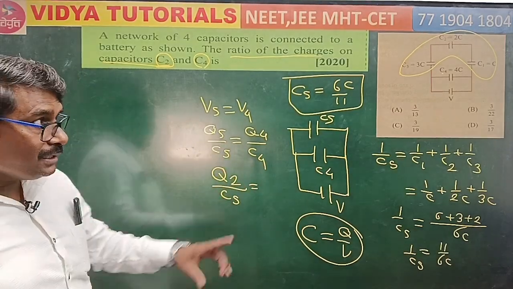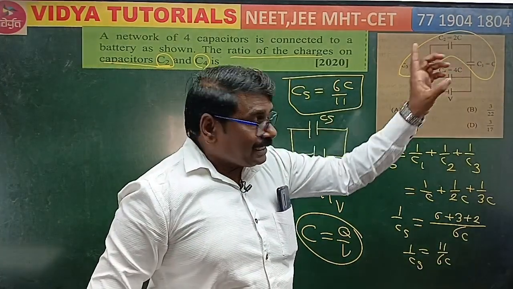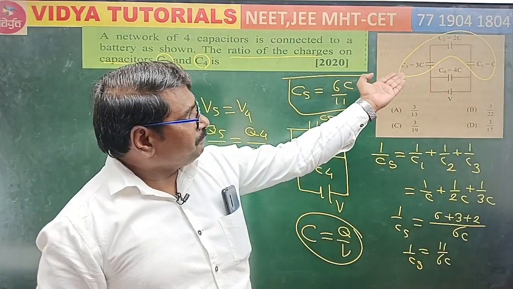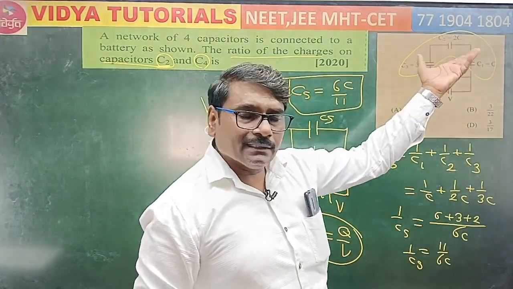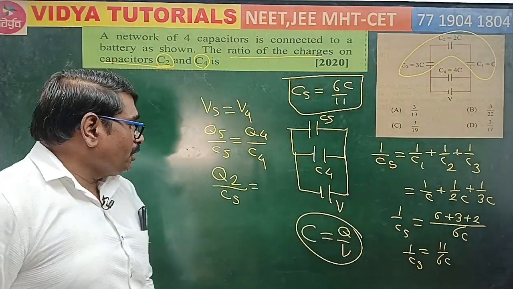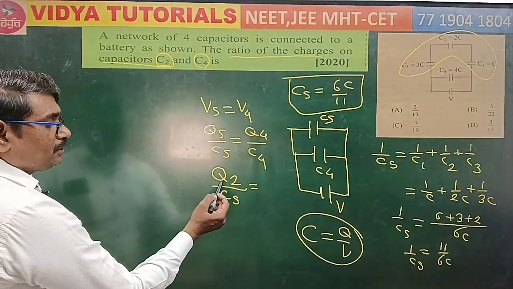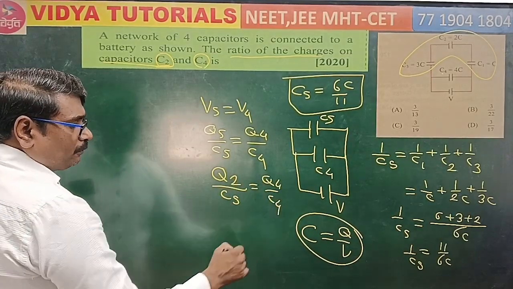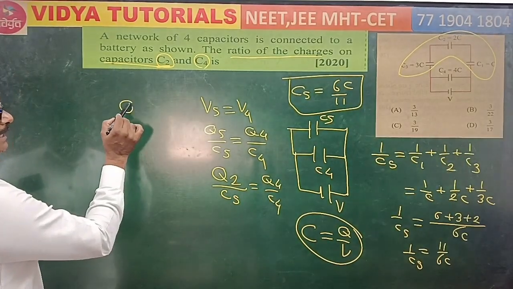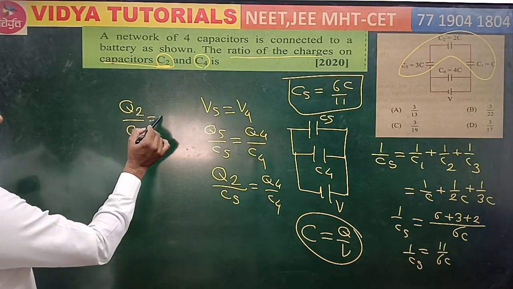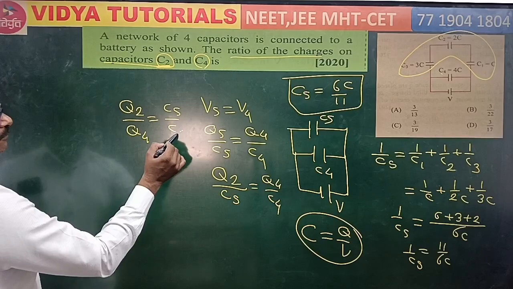Let's see, because these 3 are in series combination, whatever may be the charge on the third, second or first, it is always the same, and the equivalent capacitor's charge is also the same. Therefore, we conclude Q2 upon CS equals Q4 upon C4. Now we want the ratio of the charge on the second to the charge on the fourth. Therefore, CS upon C4.